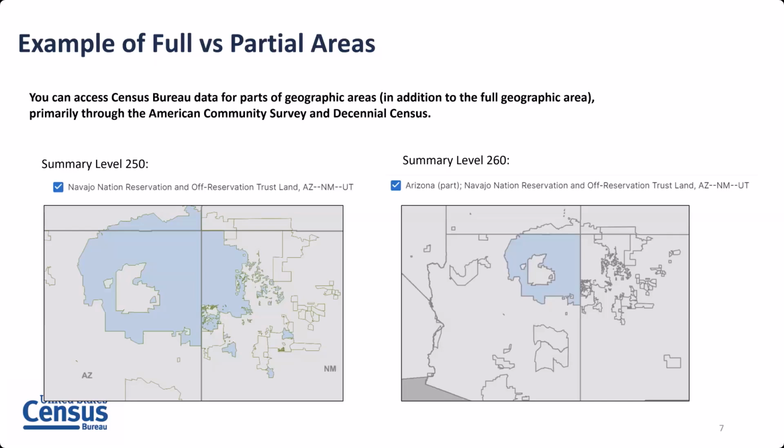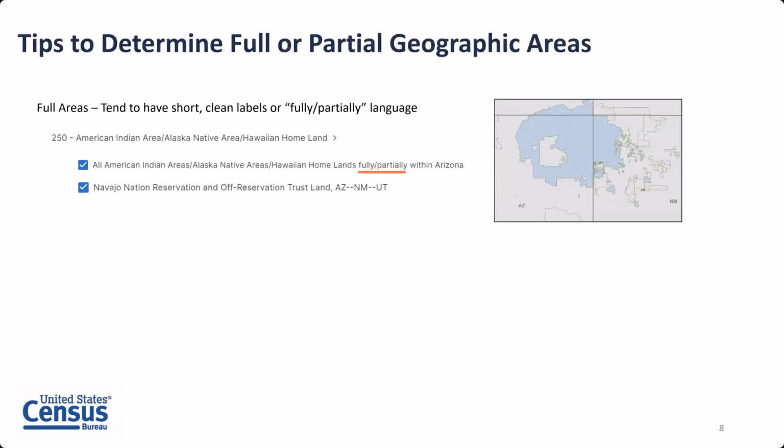So in accessing data for full versus partial areas, there's a couple key steps and indications that I wanted you to be mindful of before we dive into the site. In determining if you're accessing data for a full area, you'll typically notice that labels for full areas are shorter and cleaner compared to labels for partial areas.